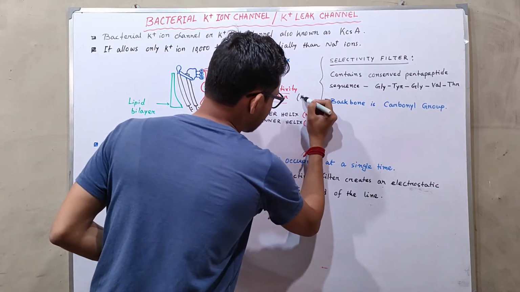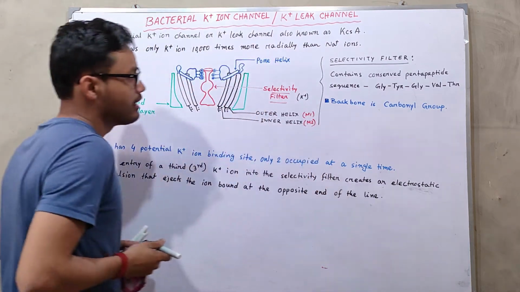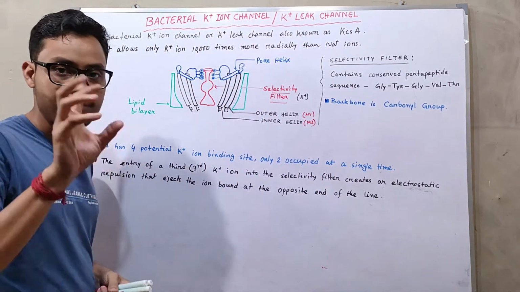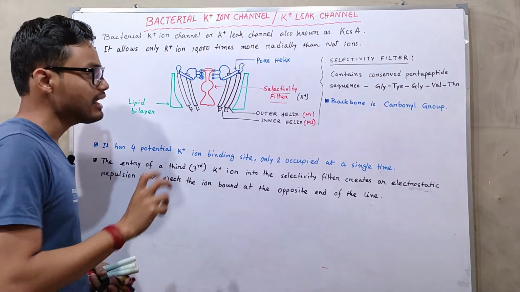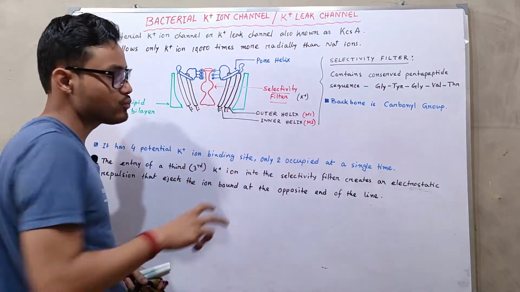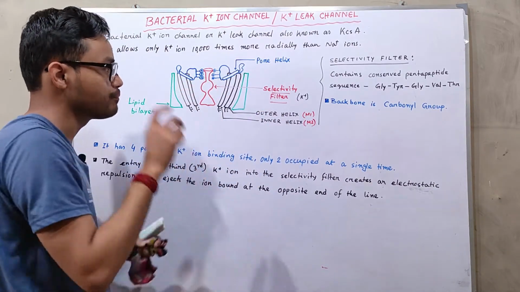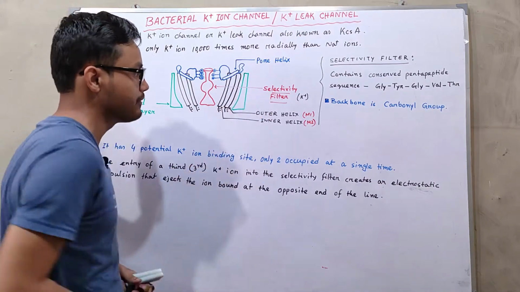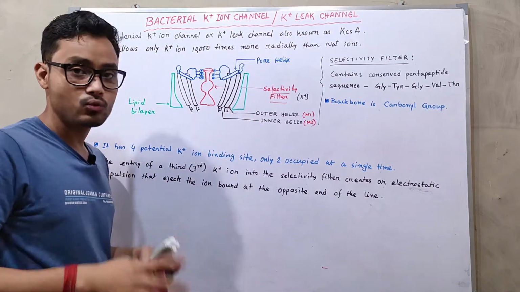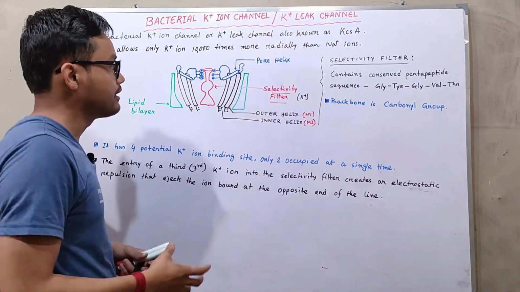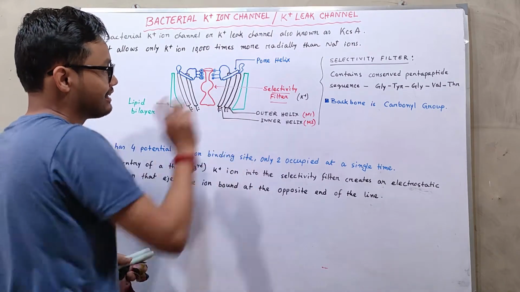In the selectivity filter there is a binding site for a particular ion, and the K plus ions bind with this particular peptide sequence of the selectivity filter, work with oxygen, and are then selected by it.